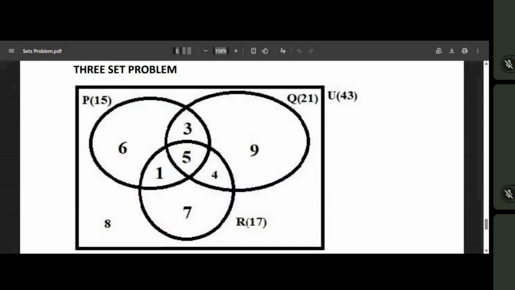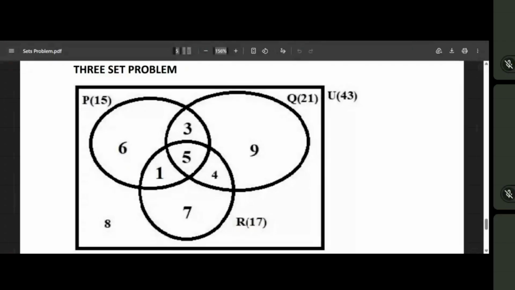The 1 you are seeing there, they belong to P and at the same time R. So they have exactly two diseases, which are P and R. The 4, they have Q and R as their diseases. That's the only disease they have. So they have exactly two diseases.